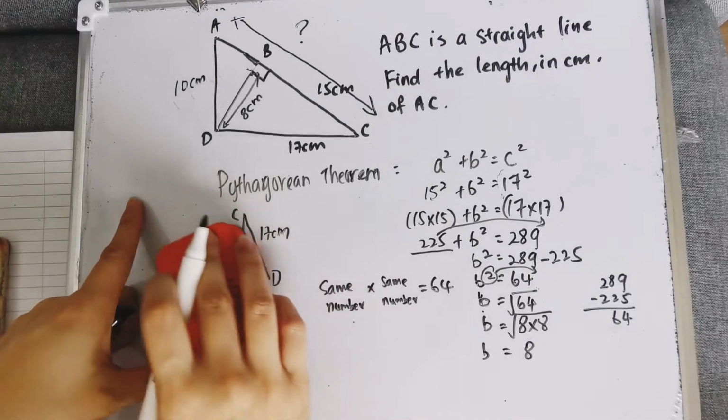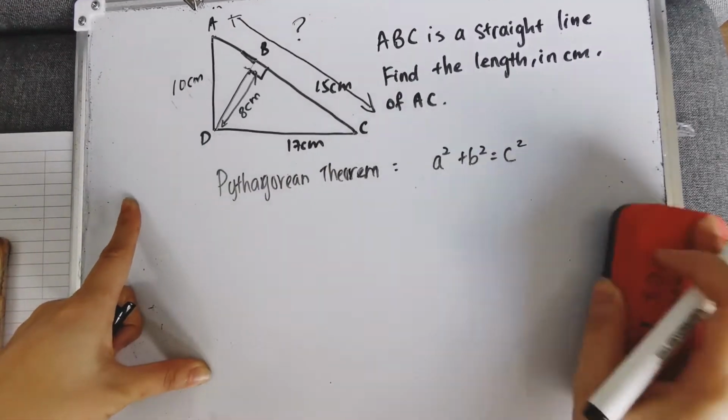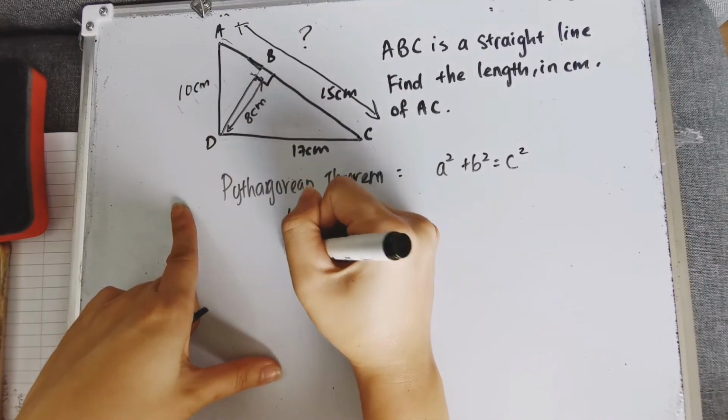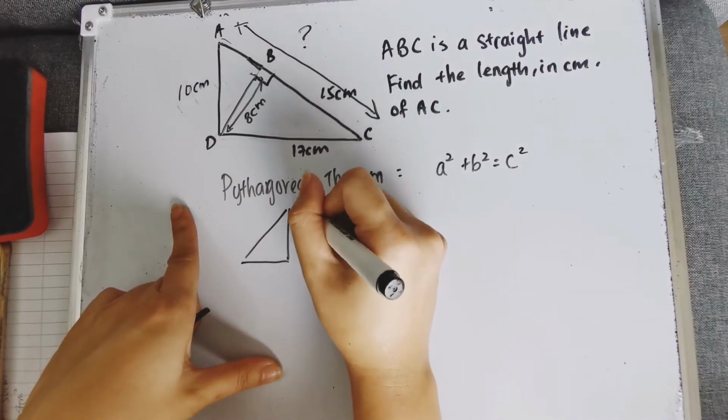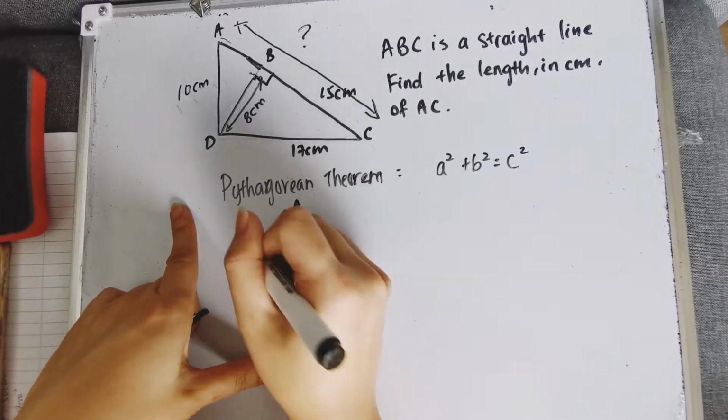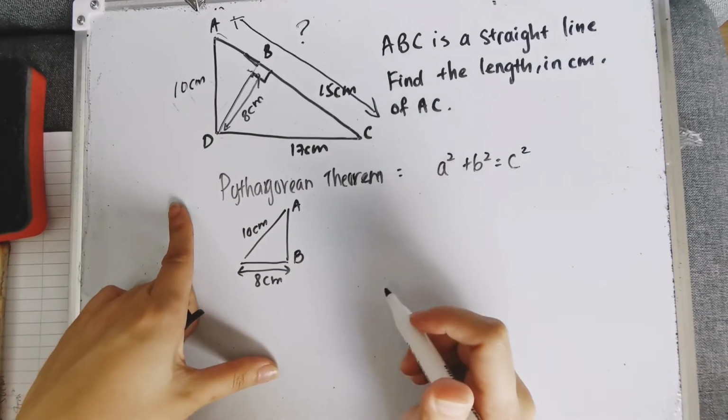Okay, then next one here. This is AB, this is 8 cm, this is 10 cm.